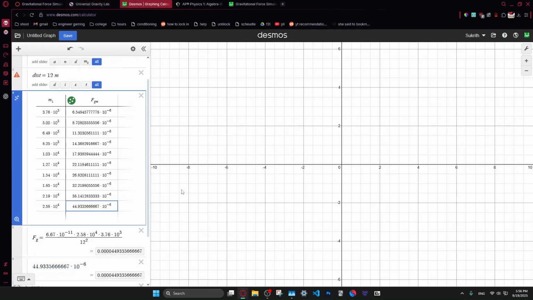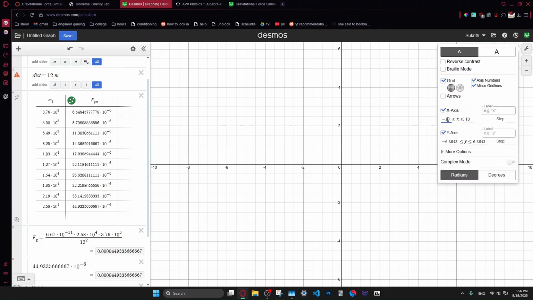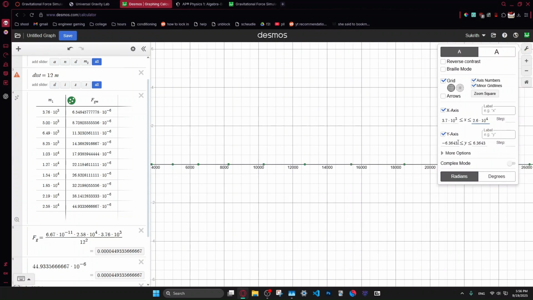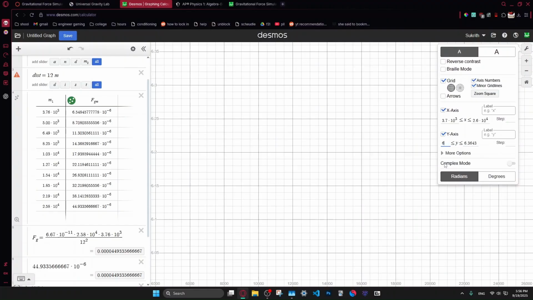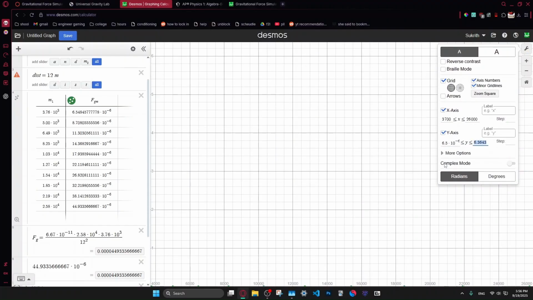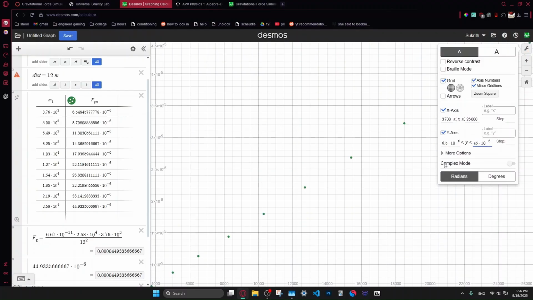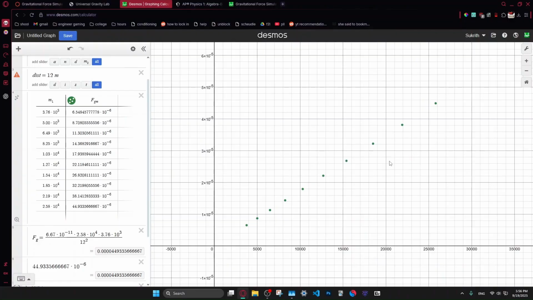Data. Now let's try and see our data, because seeing is important. So it's about 3.7 times 10 to the third to about 2.6 times 10 to the fourth. Now it'll be about 6.5 times 10 to the negative 6 to about 45 times 10 to the negative 6. And we'll zoom out, and boom, that is our data.